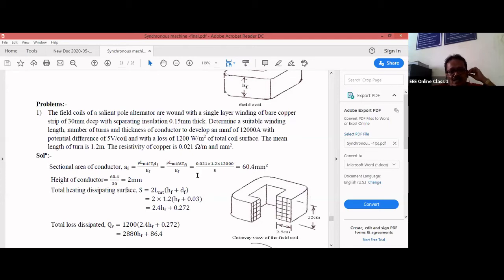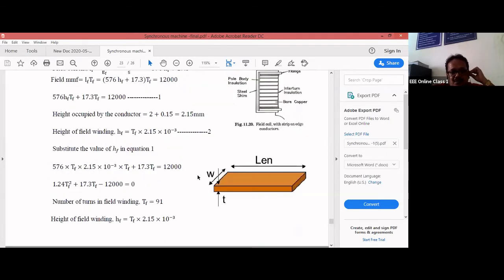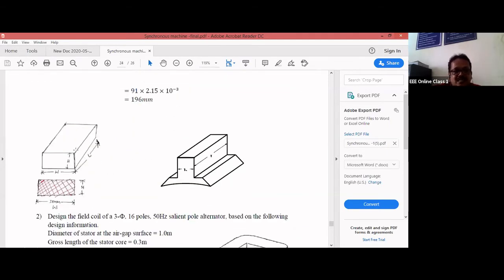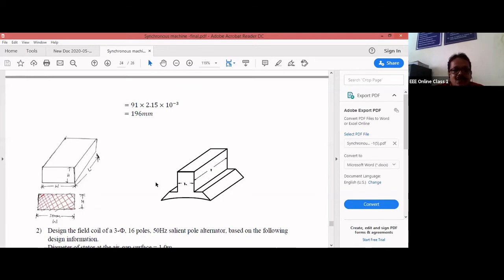Whenever you talk about the cross section of a conductor, if this is a conductor, whenever you talk about the cross section area, you always talk about this width and this height. L will not come into consideration. Cross section means it will always be this width and this height or thickness. Okay. So what does the problem say?